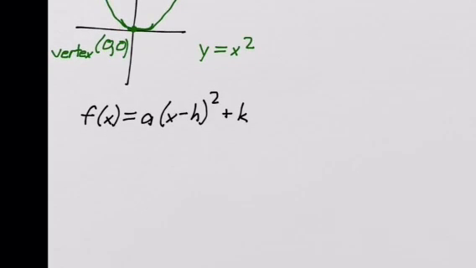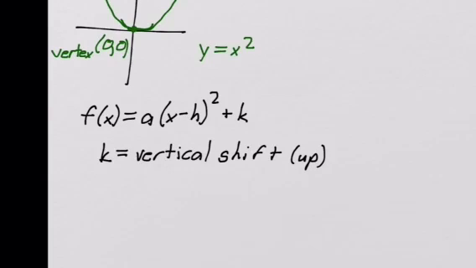Now k is added outside of the squaring. So k is a vertical shift, I'll put in parentheses, up.